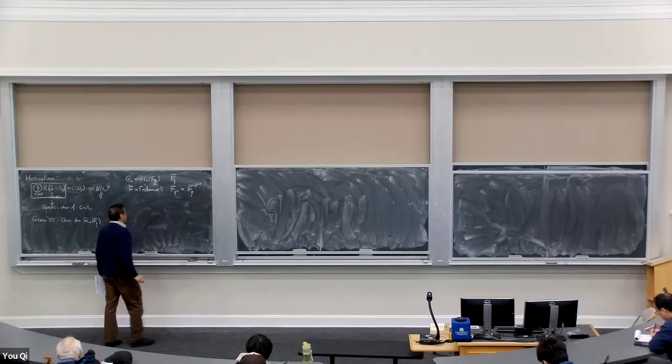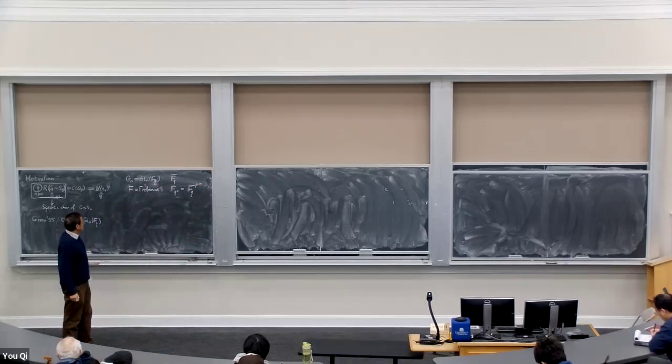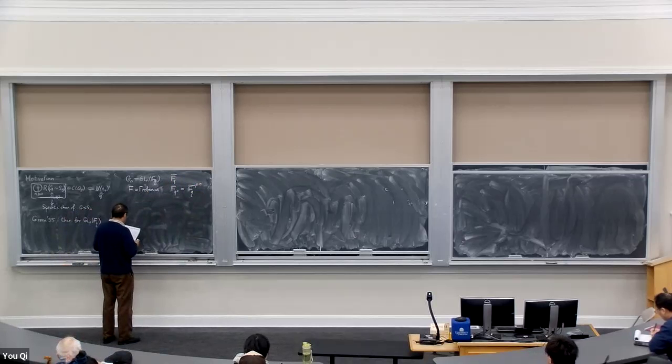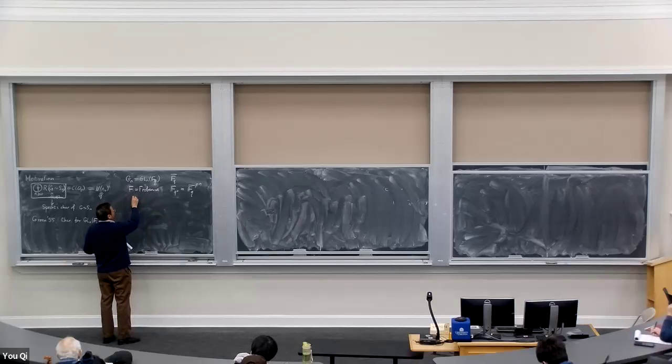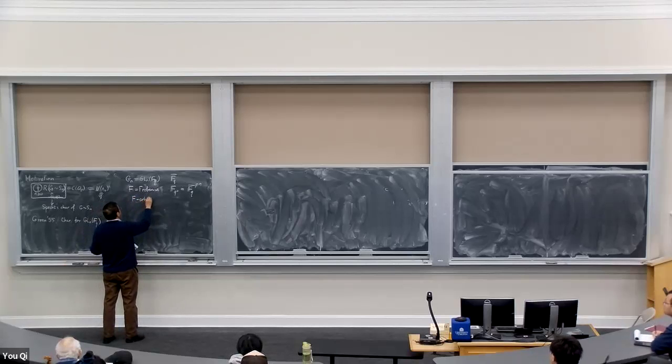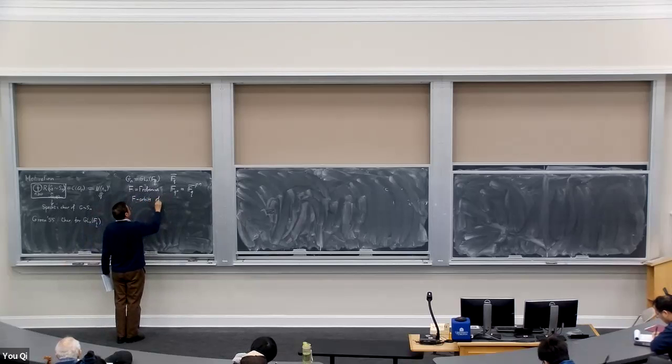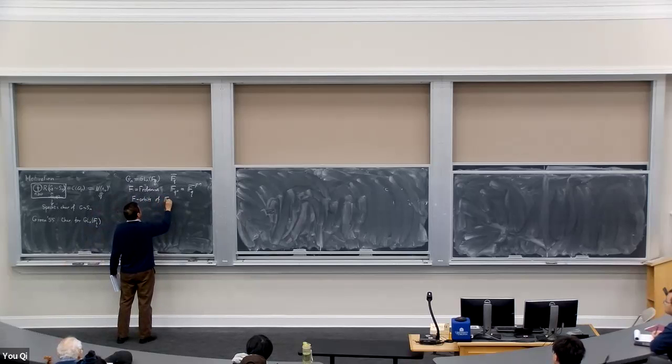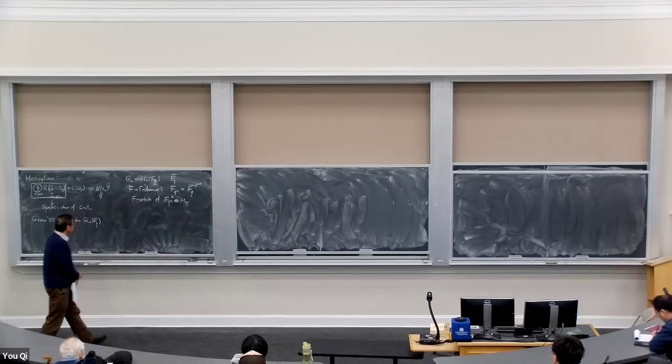The fixed point is the F_n. I'm going to also need the F orbits of the multiplicative group. So for convenience, I'm going to denote it as Φ.